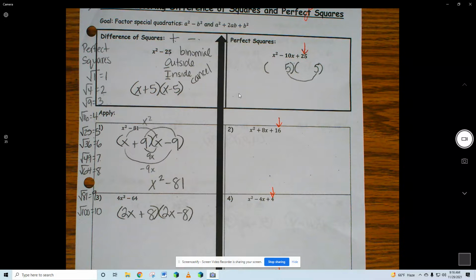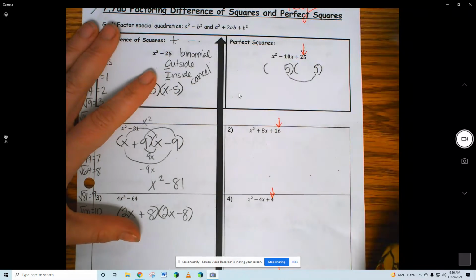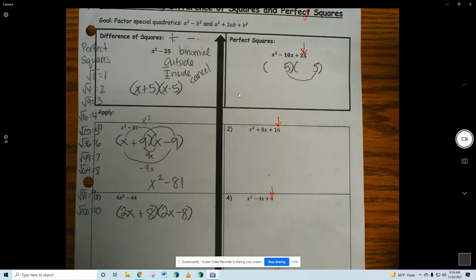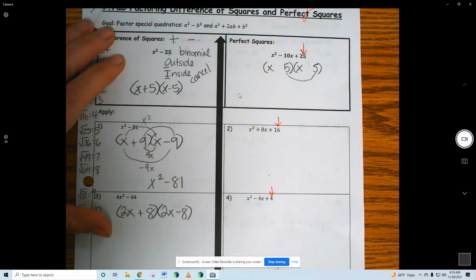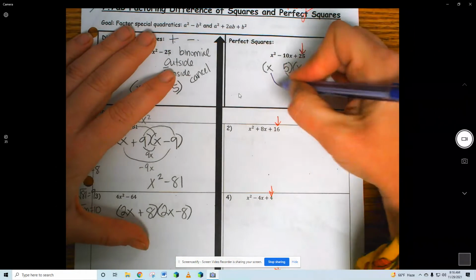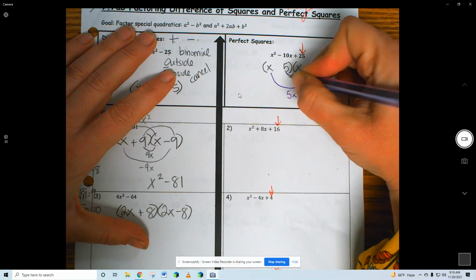I need my outside, inside. Oh, what did I not put that I should put? The x, yeah. I need my outside, inside. 5x, outside, inside, 5x.